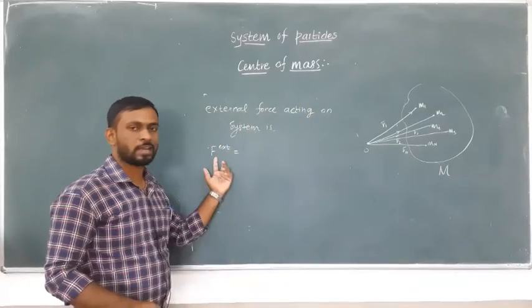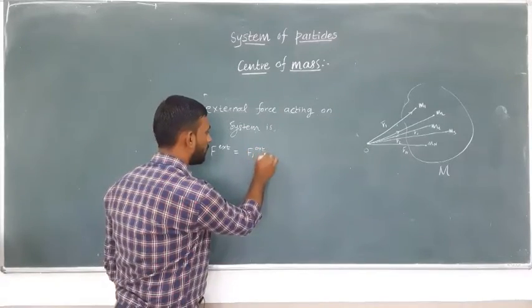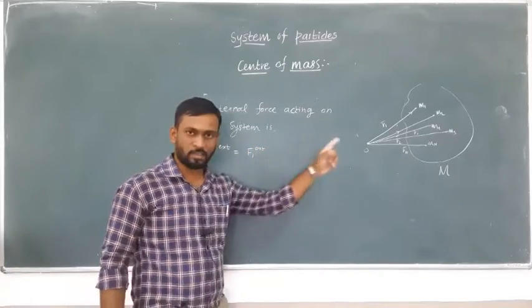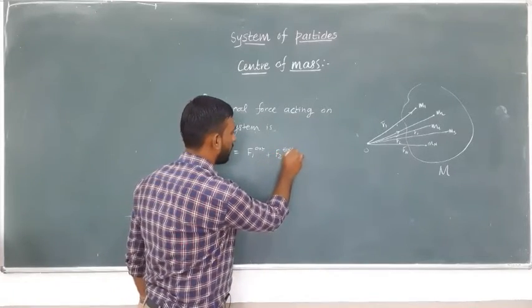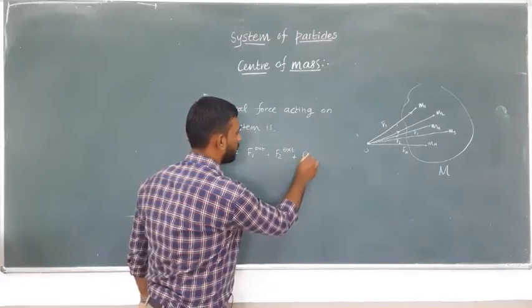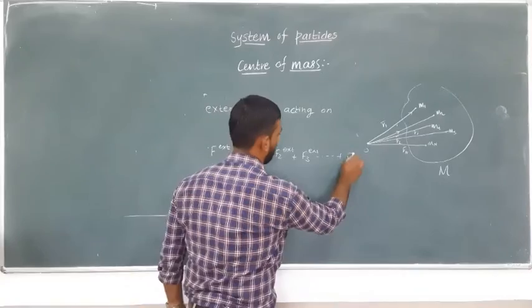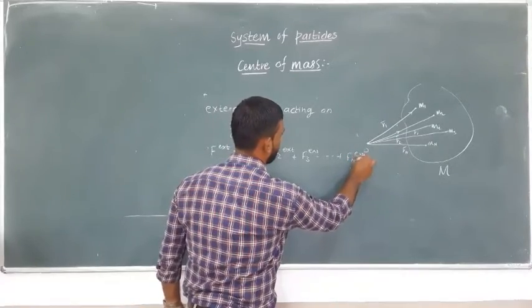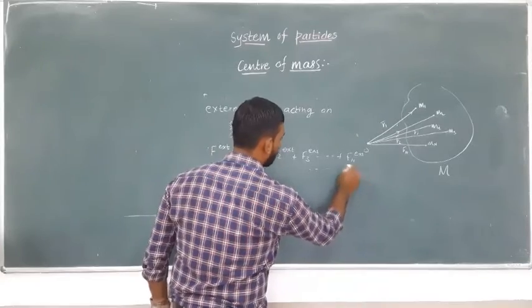So F external is F1 external, the force experienced by the mass M1, plus F2 external plus F3 external plus Fn external. So this is equation number, let's say, 4.